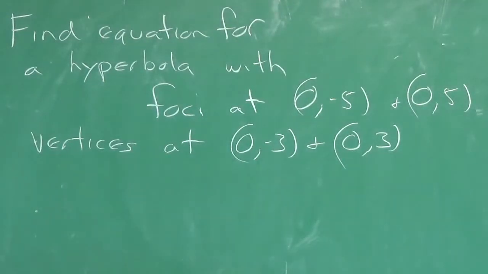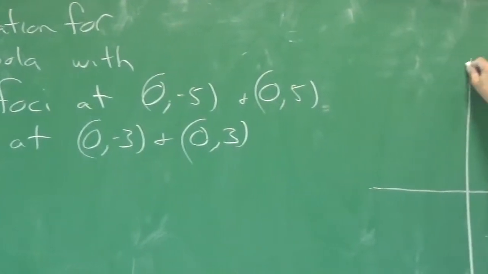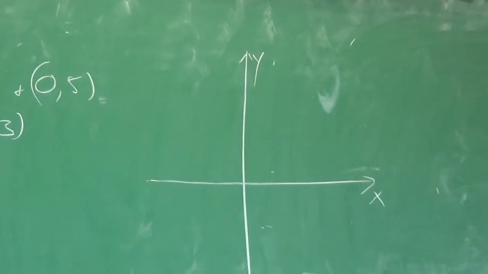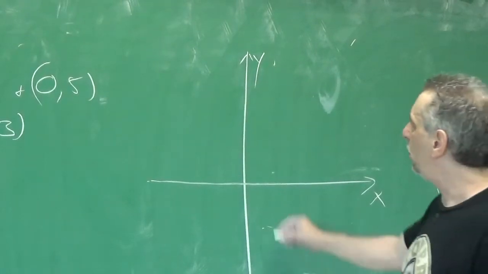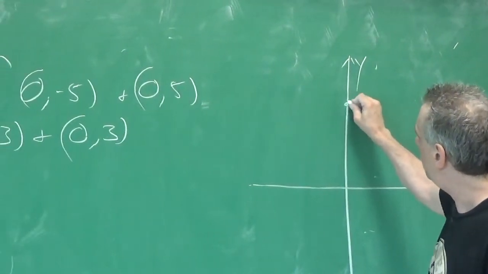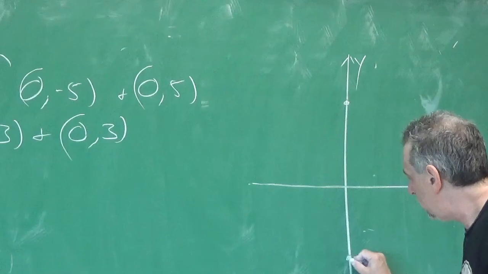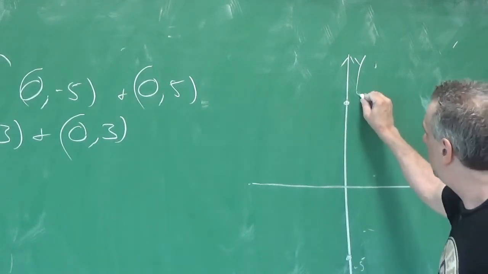All right, so let's draw that because that will give us a better idea of what we're looking at. Okay, so 0, -5, and 0, 5. So that's the foci up here at 0, 5 and 0, -5.